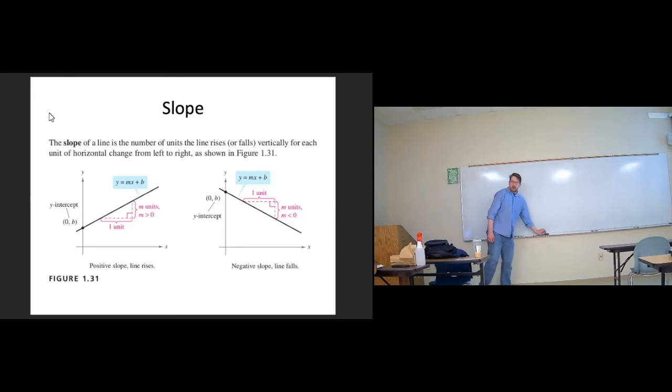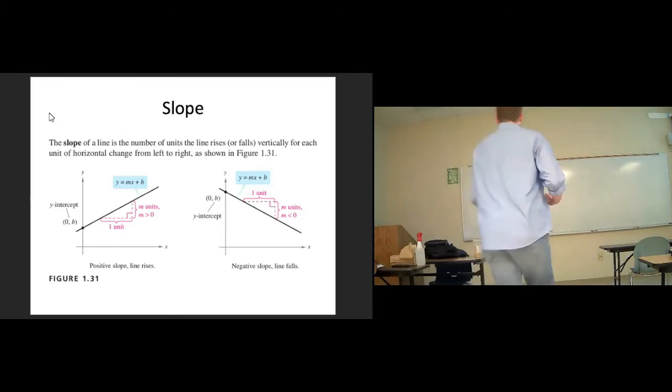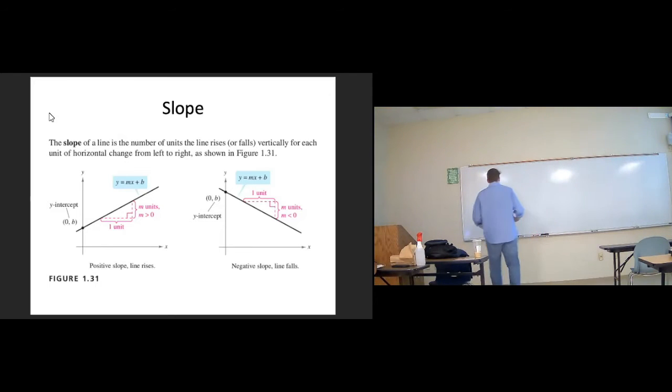But last Wednesday, we were talking about lines. In particular, we were talking about slope. And I said that slope describes this idea of inclination of a line, right? What I left out was that there is a distinction between positive slope and negative slope.